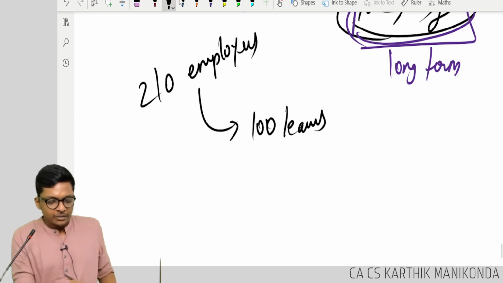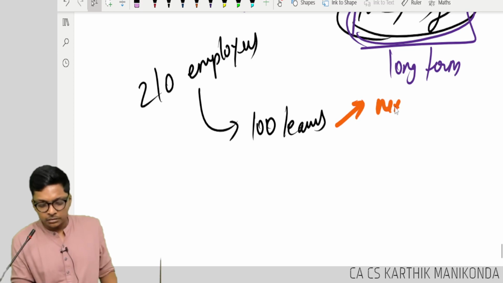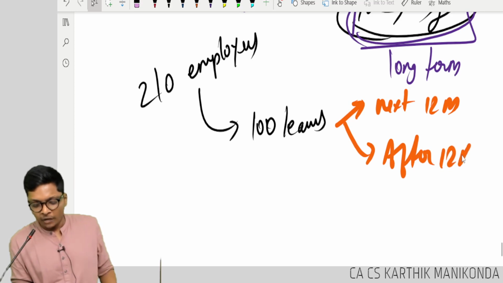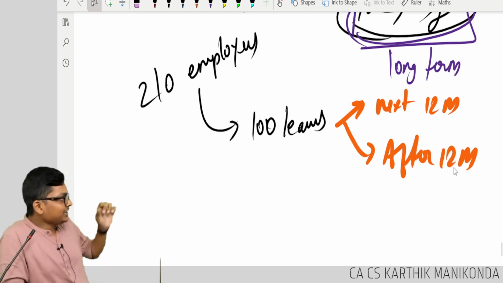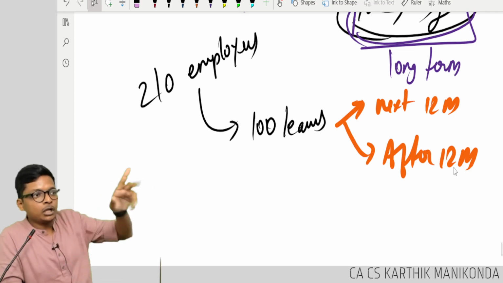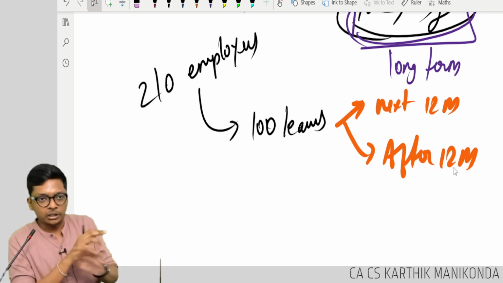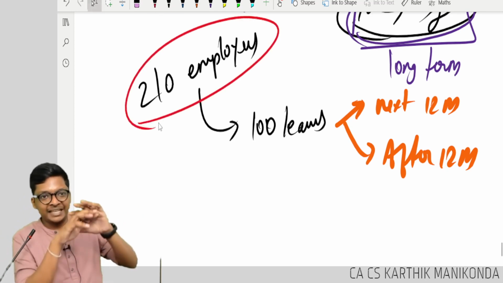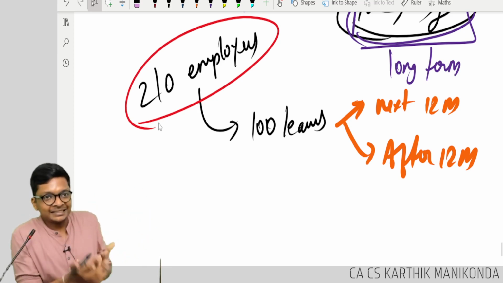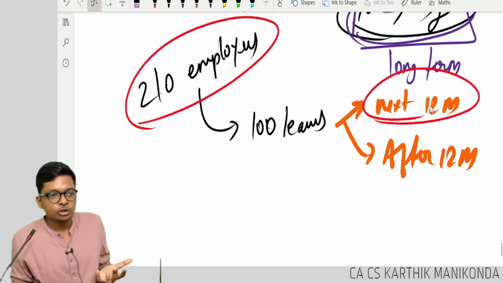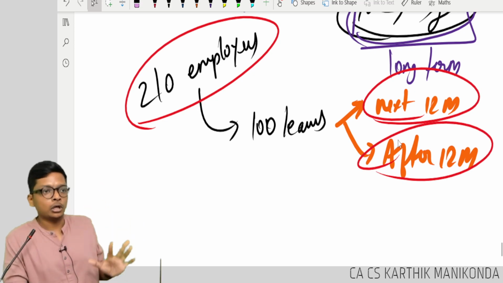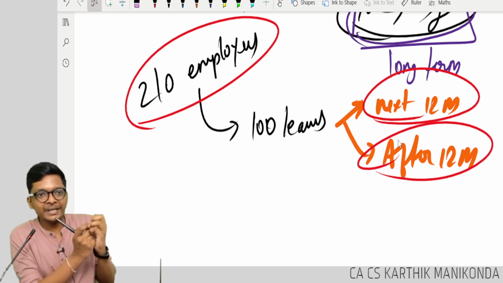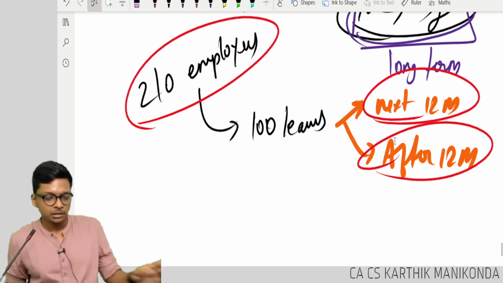How many of them will use it in the next 12 months? How many will use it after 12 months? You can't check each employee and categorize short and long term. Try to predict the behavior of the whole set of employees and categorize everything as short term or everything as long term. He is asking you to do an estimate. Of course, it's going to be approximate. Clear, guys? Following?